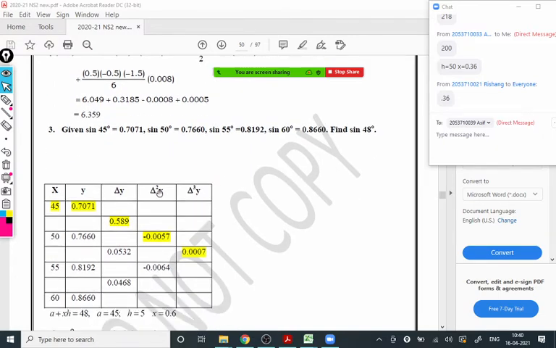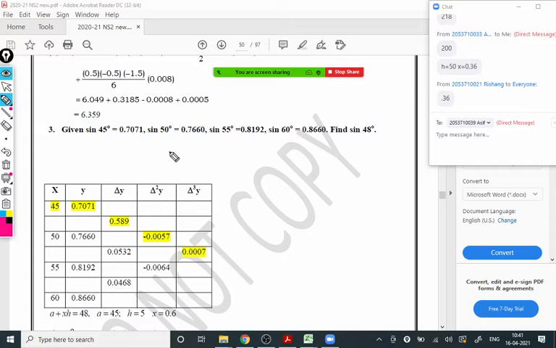Question number 3 now. What is the difference between the first two and this third question? The difference is that in this case, we know the function whose value we are calculating. In question number 3, we are given sine 45, sine 50, sine 55, sine 60, and the question is find sine 48. The best part for you is the answer is with you now.